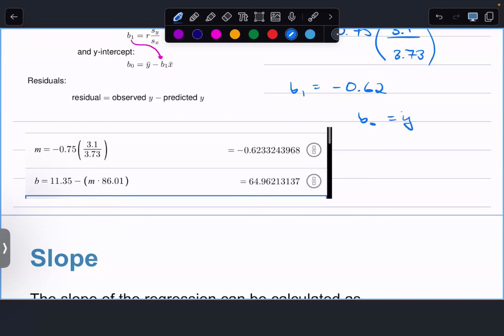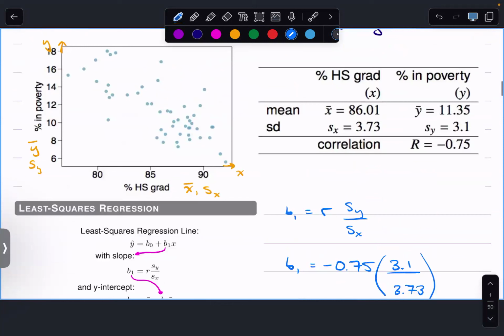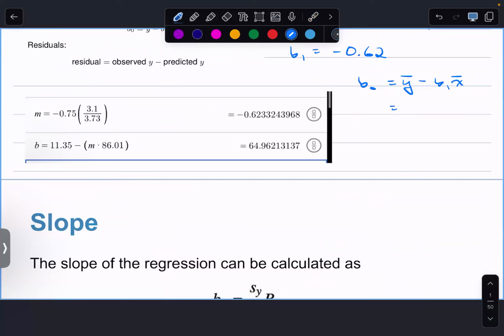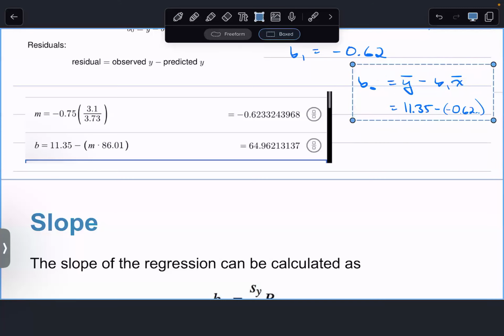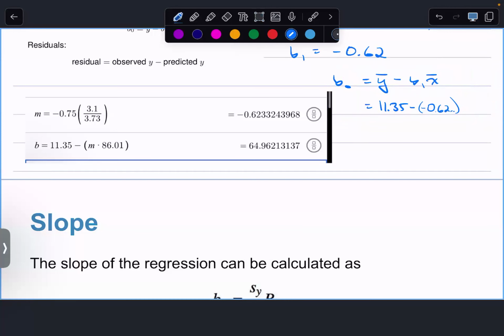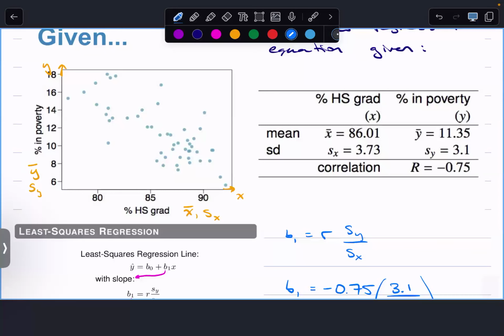So next thing I want to do is find the intercept. Y bar minus B1 times X bar, which is Y bar, the mean of the percent in poverty, 11.35, minus negative 0.62, I kept all the decimal places, times 86.01, the mean of the x's.